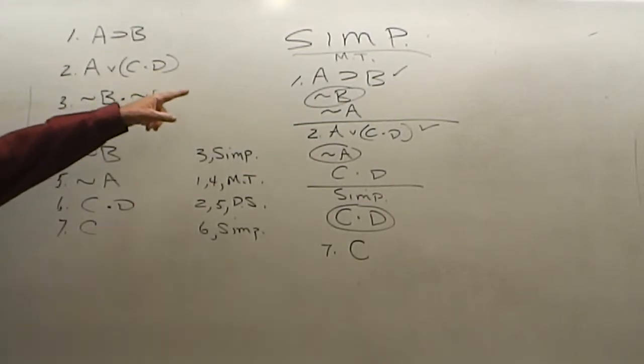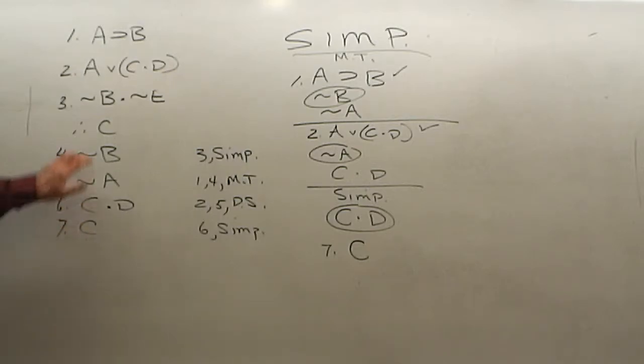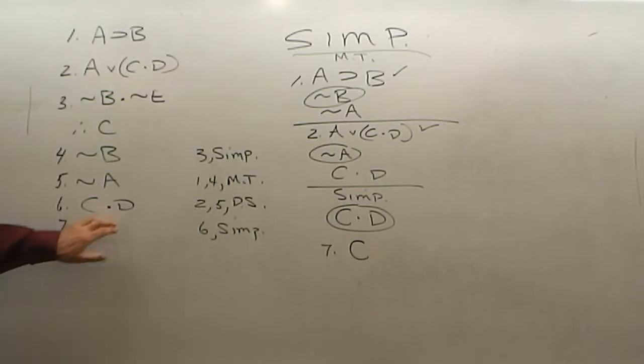We reasoned we would need a horseshoe whose antecedent is A, and we have it. So on that assumption, we said our second premise of modus tollens has to be curl B. And there's curl B right there. So modus tollens, disjunctive syllogism, simplify.